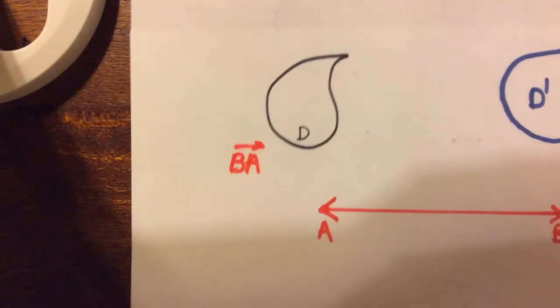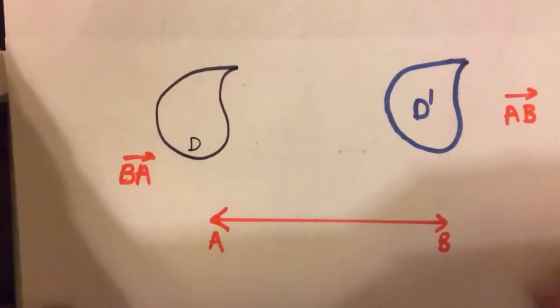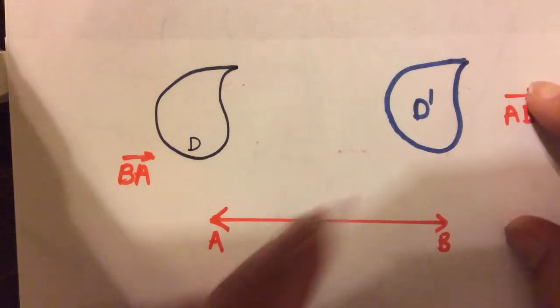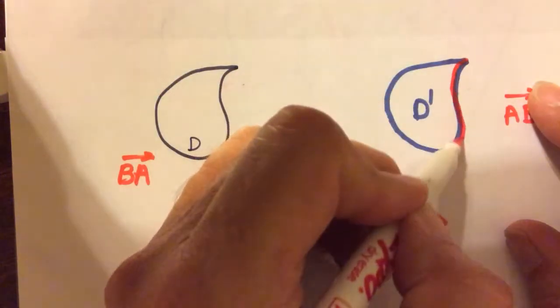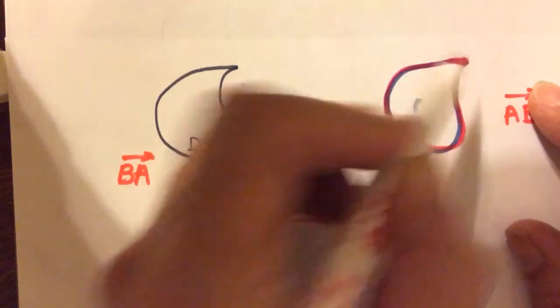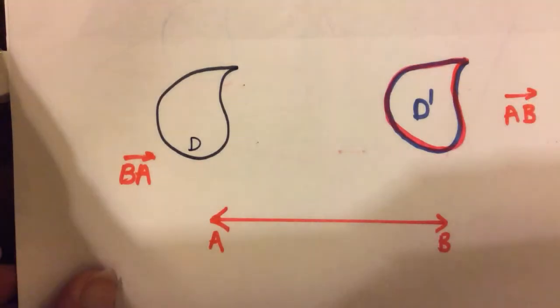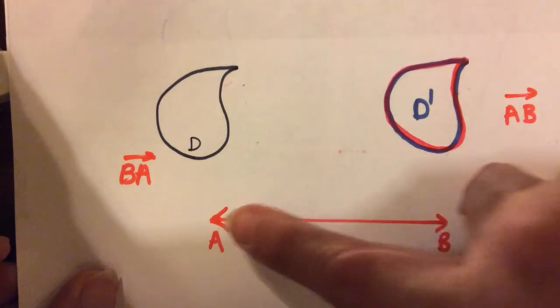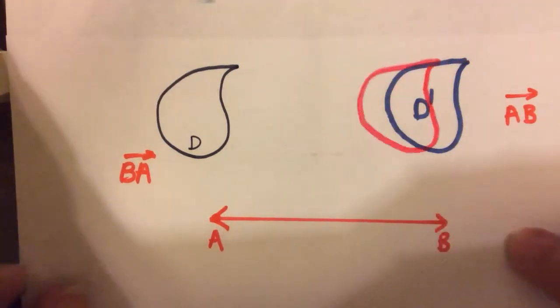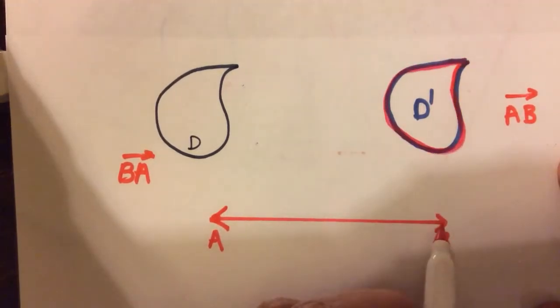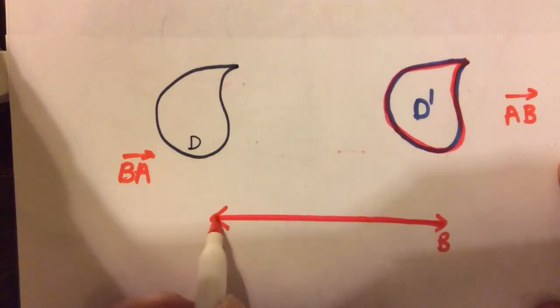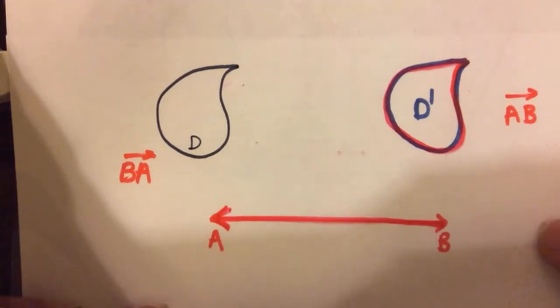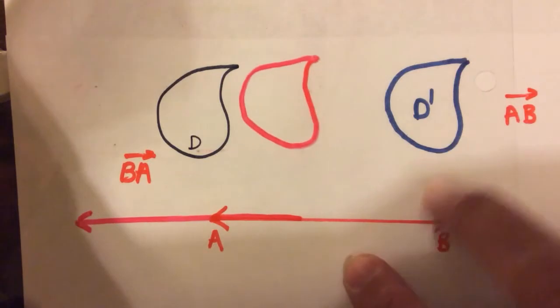So this time I'm going to start with my translated figure. I'm going to translate it along vector BA this time, which means I'm going to take point B and move it to A. Whoops, I've got to trace my vector. Right, like that. And I'm going to move it along here.